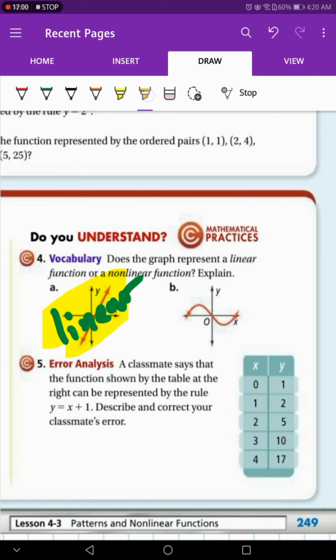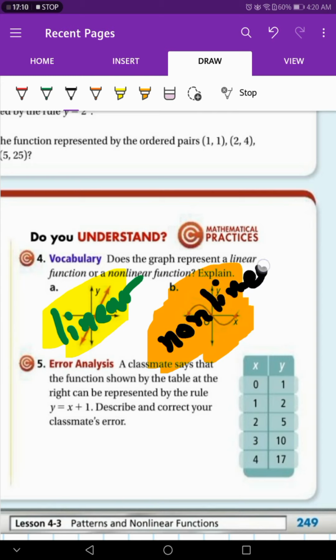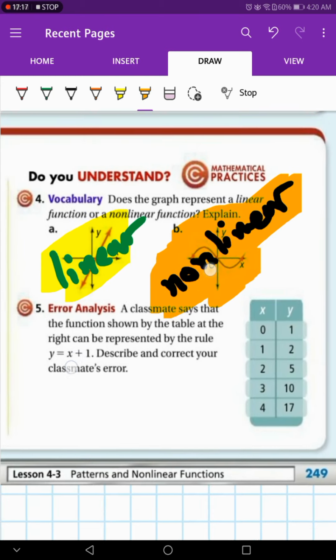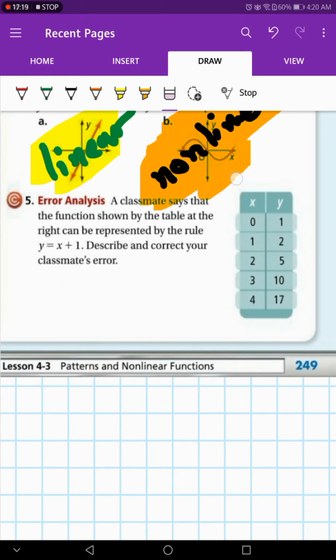The second one is a curve, so it is non-linear. Bravo. Great. It is non-linear.